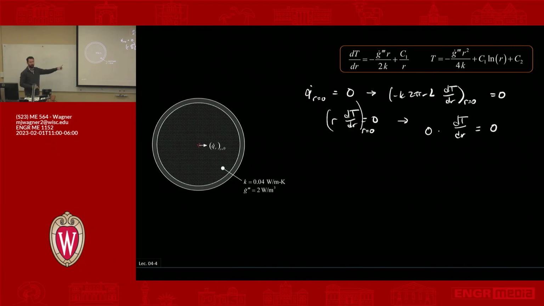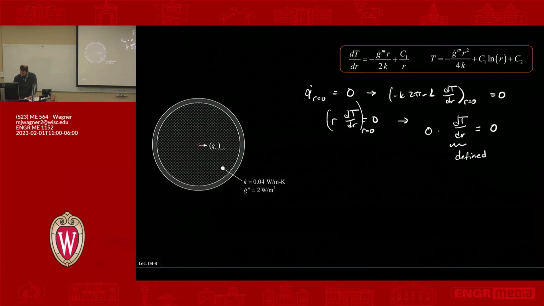The only possible way that this doesn't work is if dT/dr is infinite. Okay? So this has to be defined, right? That means not infinite.